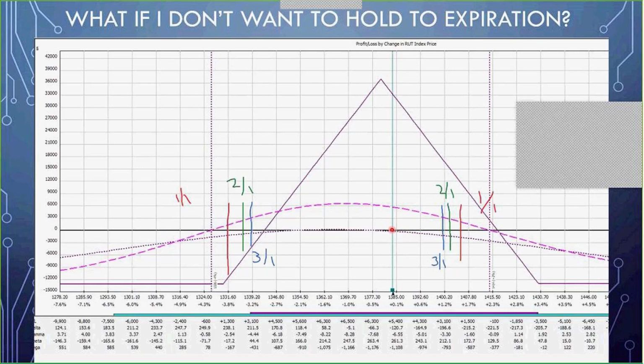So in the example of this butterfly, before any adjustments, before I'm willing to exit this trade or anything, I am okay as long as it doesn't draw down past these red lines.